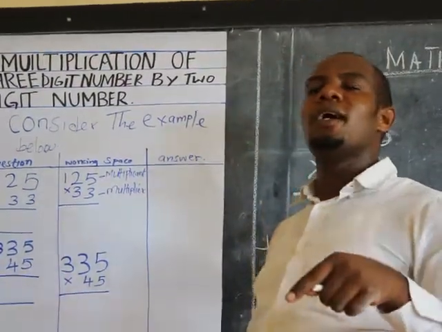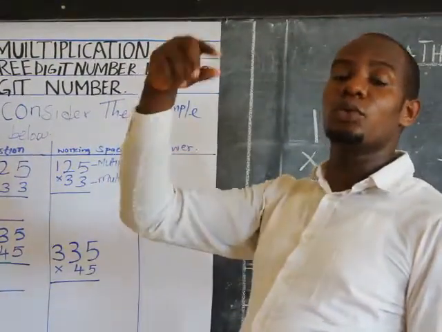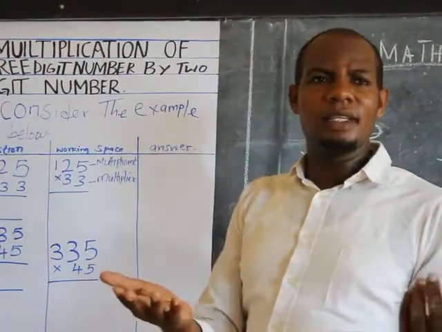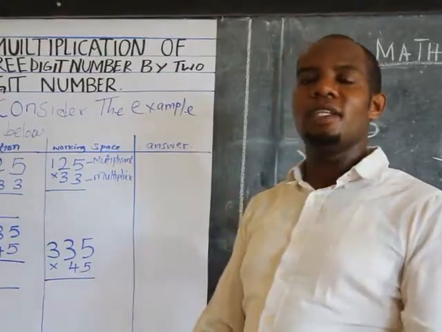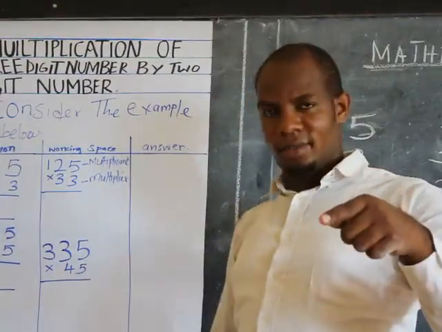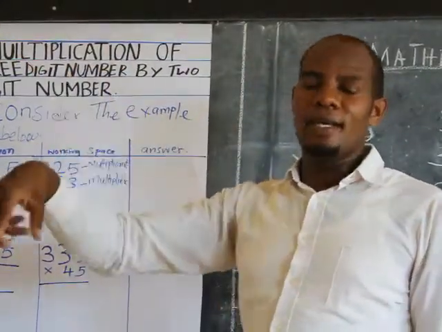Now, a multiplier is the number of times that you are going to add the number that you have been given. We can say that multiplication is repetitive addition. That's why I'm saying that a multiplier is the number of times that you are going to add a given figure.